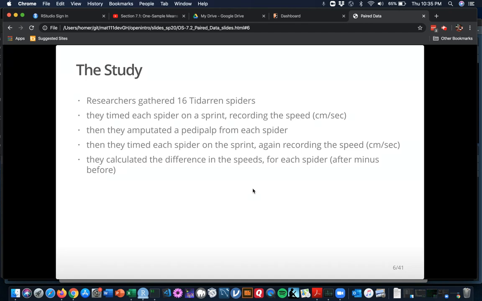And so just this simple question of do the pedipalps get in the way of a spider? That requires some research right on its own, even before you approach the question of why do these big ungainly pedipalps stay around, genetically in the genus. So researchers wanted to figure out, do the pedipalps really slow these spiders down?